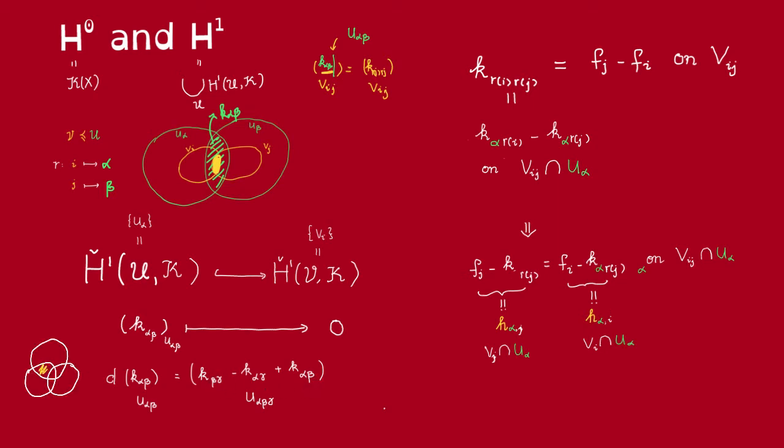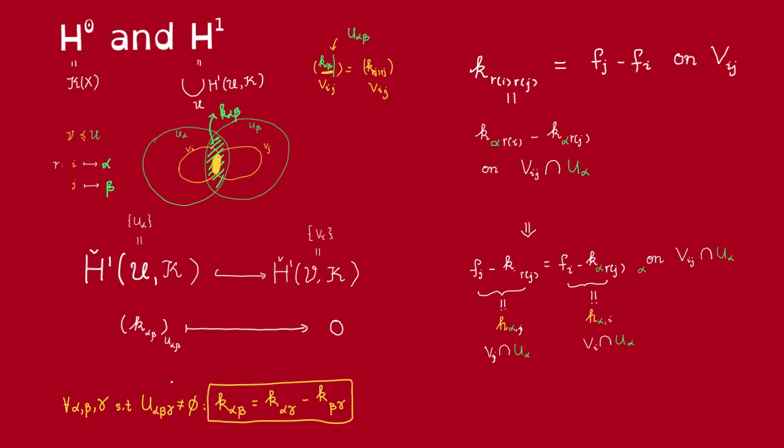On each of the double intersections, we had a section, and now for the triple intersection we use a linear combination of these to get a section on the triple intersection. For this to be a one cocycle, this needs to be 0. In other words, for every indices alpha, beta, gamma where this expression is defined, we should have the following. This is called the cocycle condition.